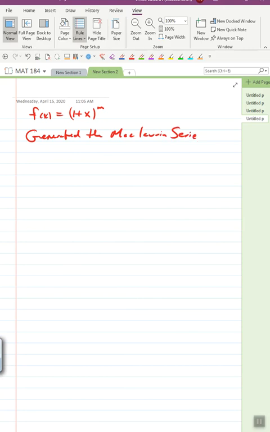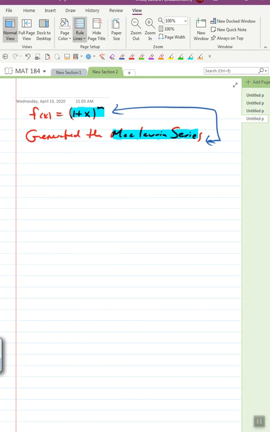Okay, what was the big theoretical question from yesterday? Does the Maclaurin series or Taylor series and the function itself have to be exactly the same? Do they have to equal the same value? And the answer is no.